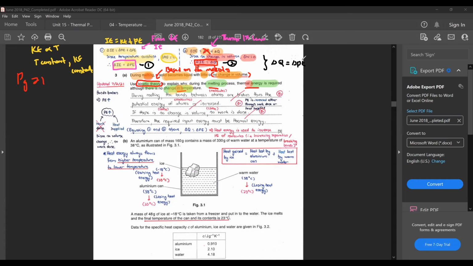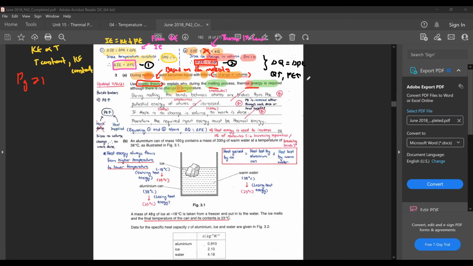So in your case, if you supply heat to your system, your PE is going to increase. Just bear this in mind first.